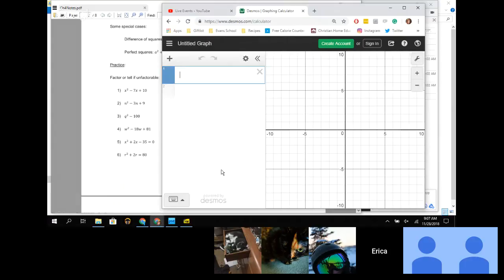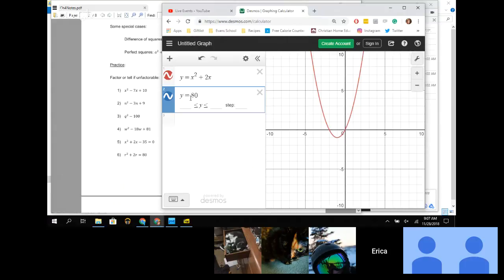So if you wanted to graph this and solve it, the left-hand side of the equation is going to be y equals x squared plus 2x. This is the left-hand side of my equation, okay? And the right-hand side of my equation is going to be y equals 80.